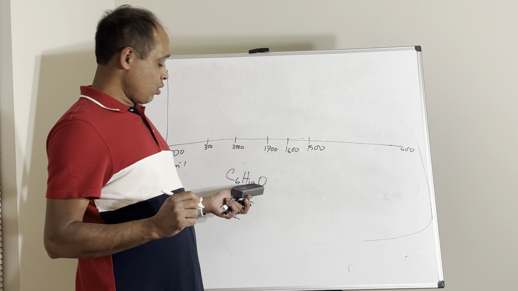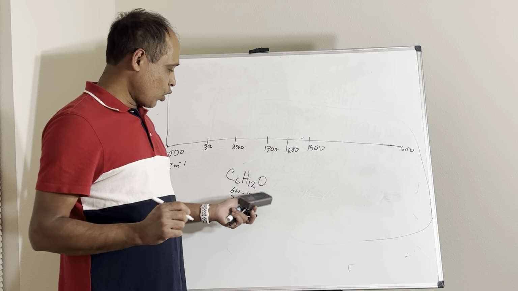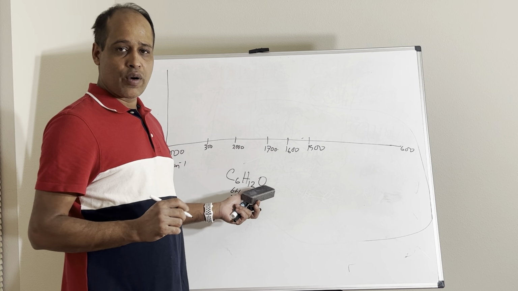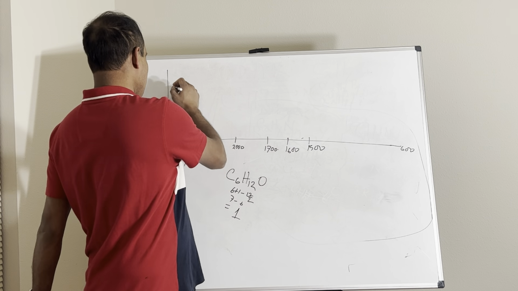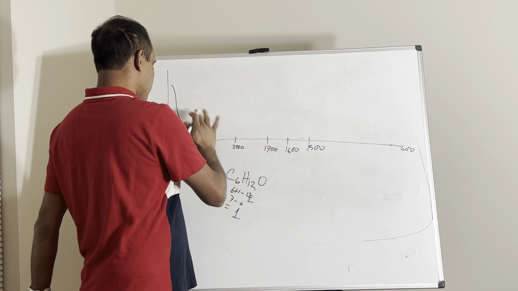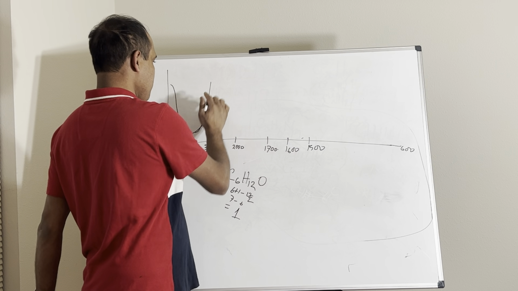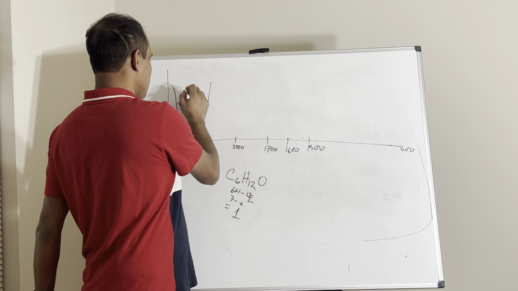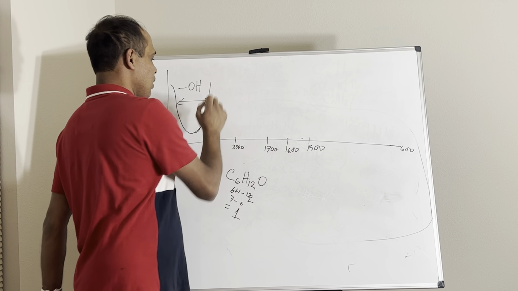If your molecule has an alcohol OH, then the one oxygen is used. In that case, you will see a broad peak from 4000 to 3000. That broad peak is the OH peak, the alcohol peak.